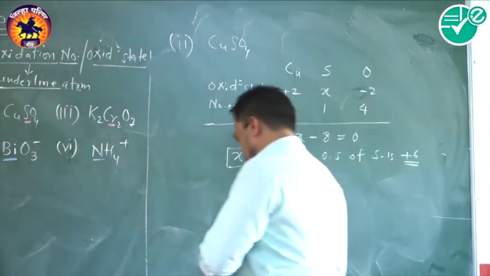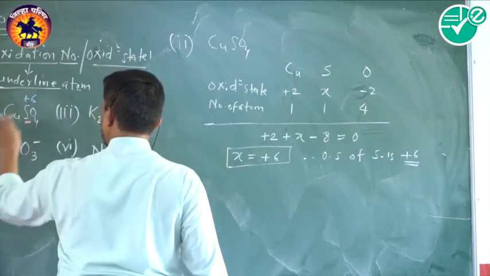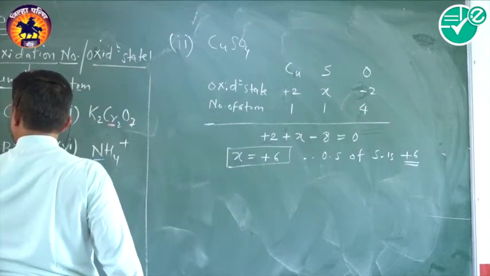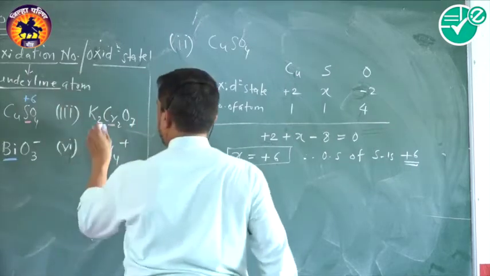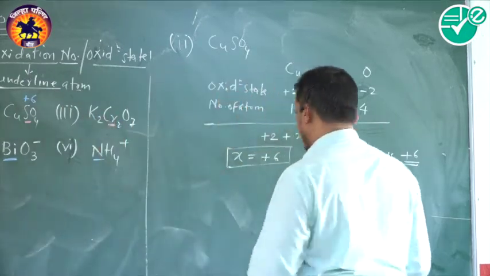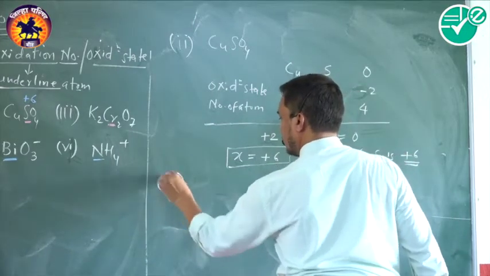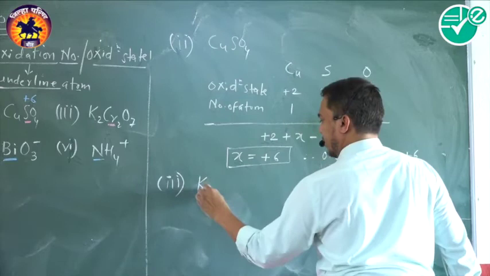Now here we can write the oxidation state +6, as we calculated +3 before. Now number 3, potassium dichromate.